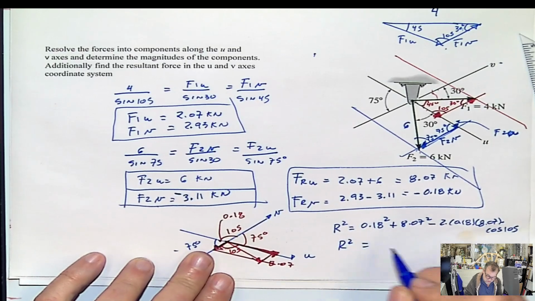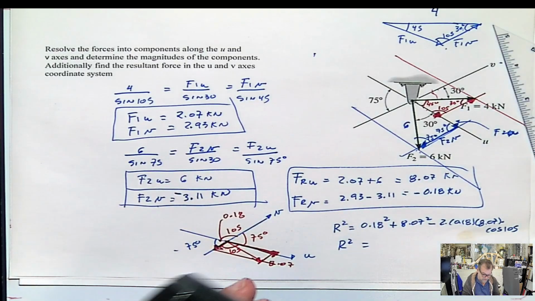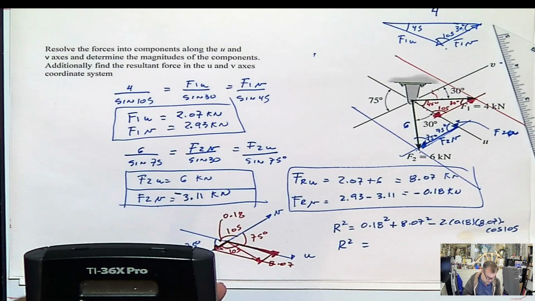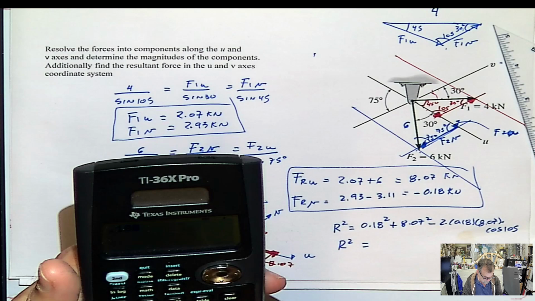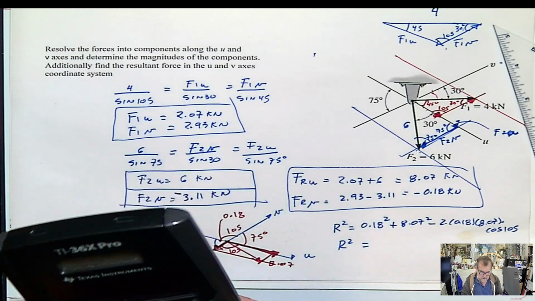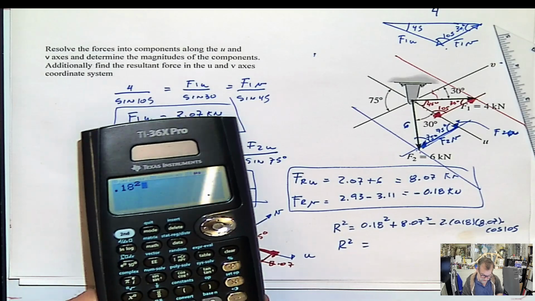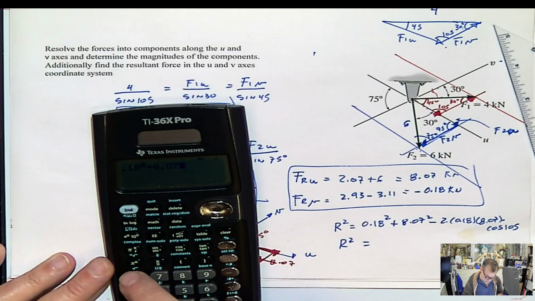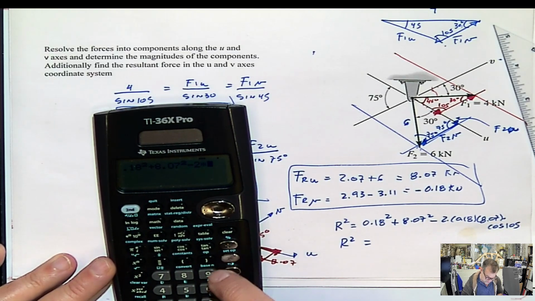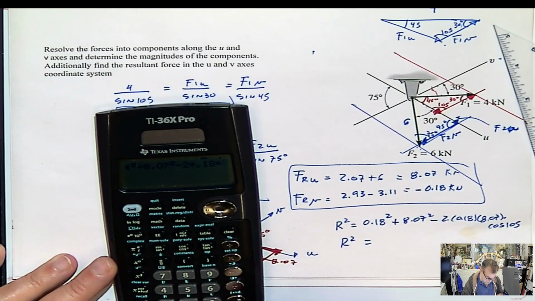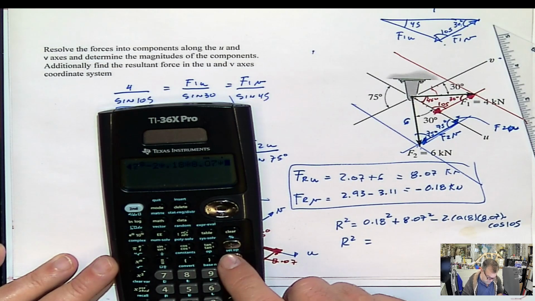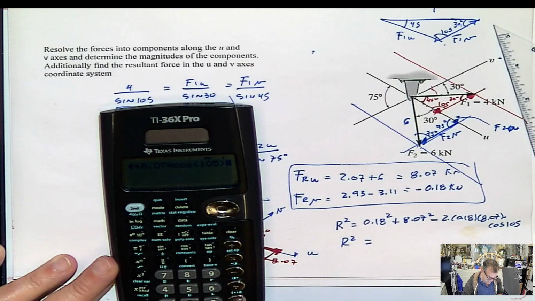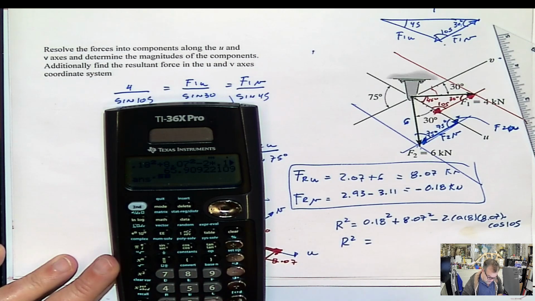So the resultant squared is 0.18 squared plus 8.07 squared minus 2 times 0.18 times 8.07 times cosine 105, and this has to be the square root of that.